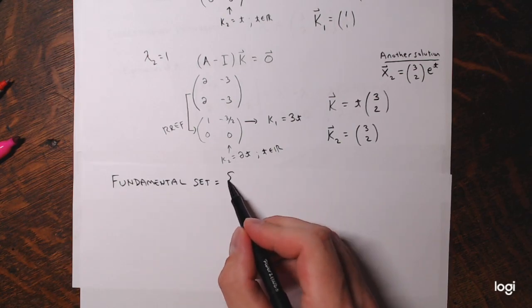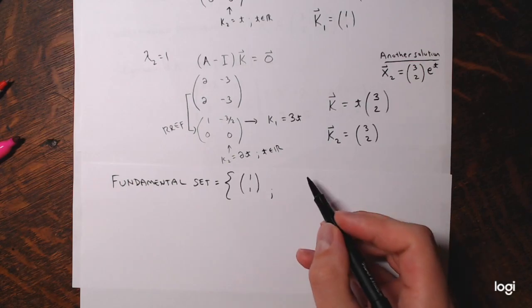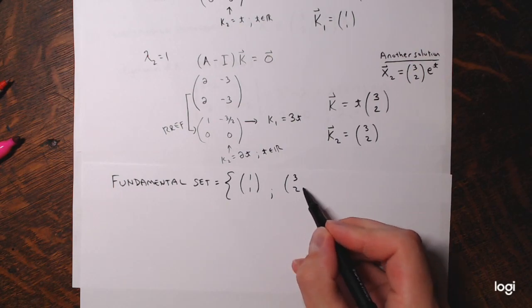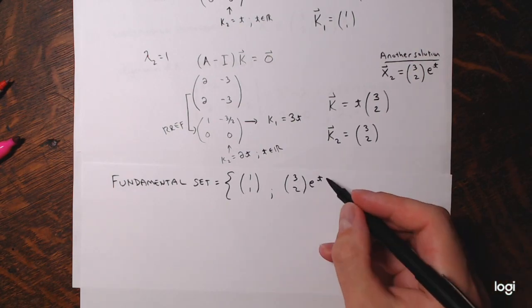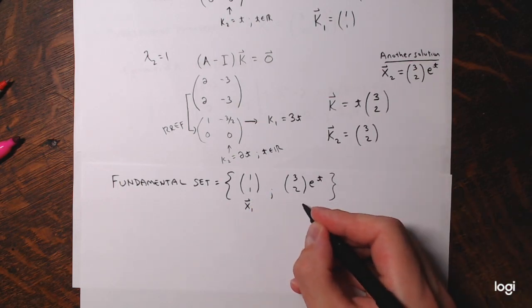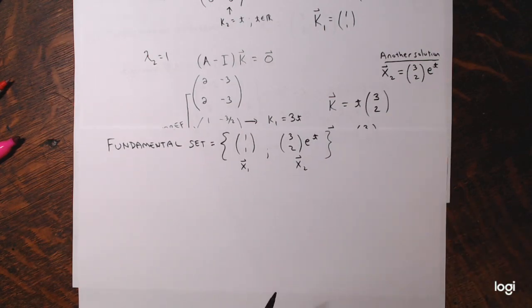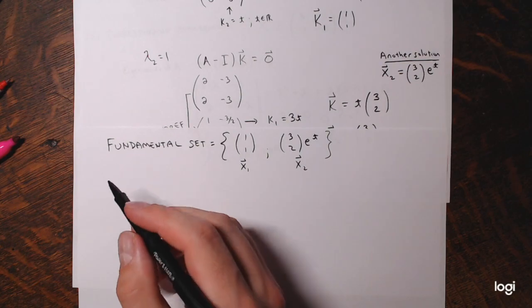It is the set consisting of these vectors. x1 was just the vector 1, 1, and x2 was the vector 3, 2 times e to the t, or you could say 3e to the t, 2e to the t, that vector. So again, this is x1, x2, and they're 2 linearly independent solutions to our homogeneous system.